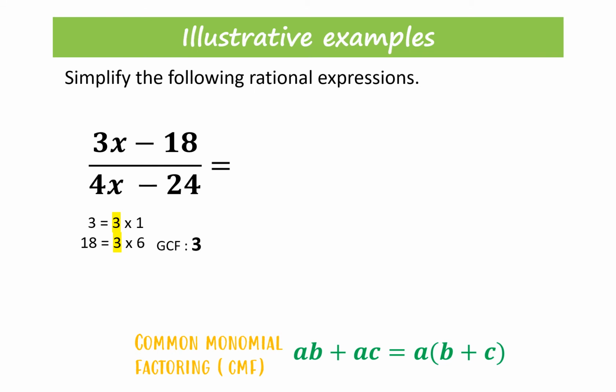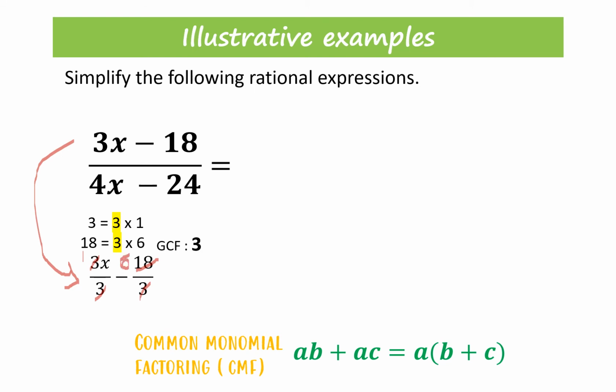Now, let us divide every term ng numerator by 3. Okay, so 3x divided by 3. So, pwede na natin i-cancel ang 3. Bakit? Because when we divide it, so the answer will be 1. And for 18 and 3, 18 divided by 3, dito naman, ang magiging sagot ay 6.